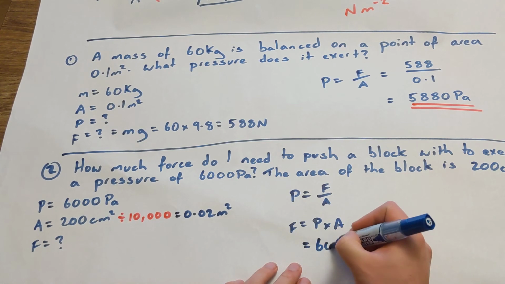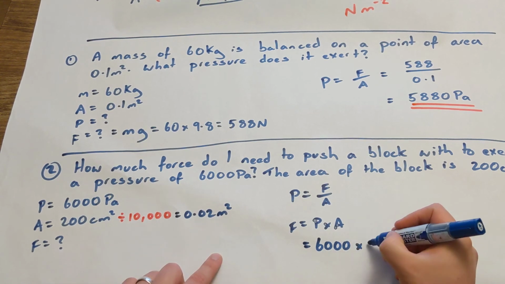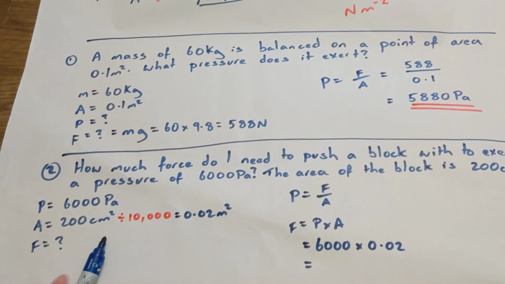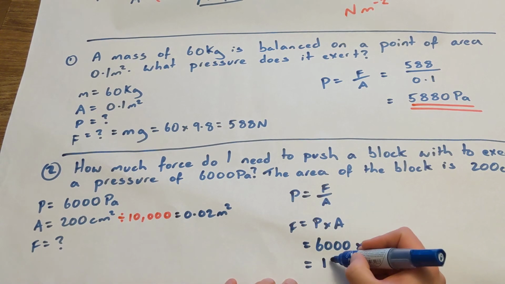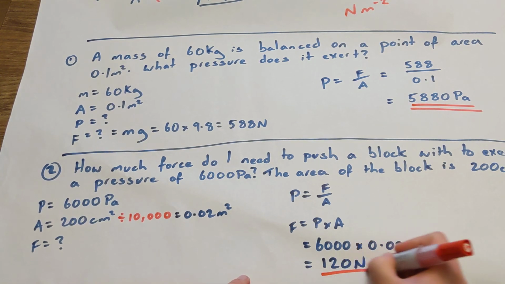Pressure 6,000 times the area 0.02. Again, just pop that in a calculator. 6,000 times 0.02 gives us a force of 120 newtons. Be careful to remember your units.